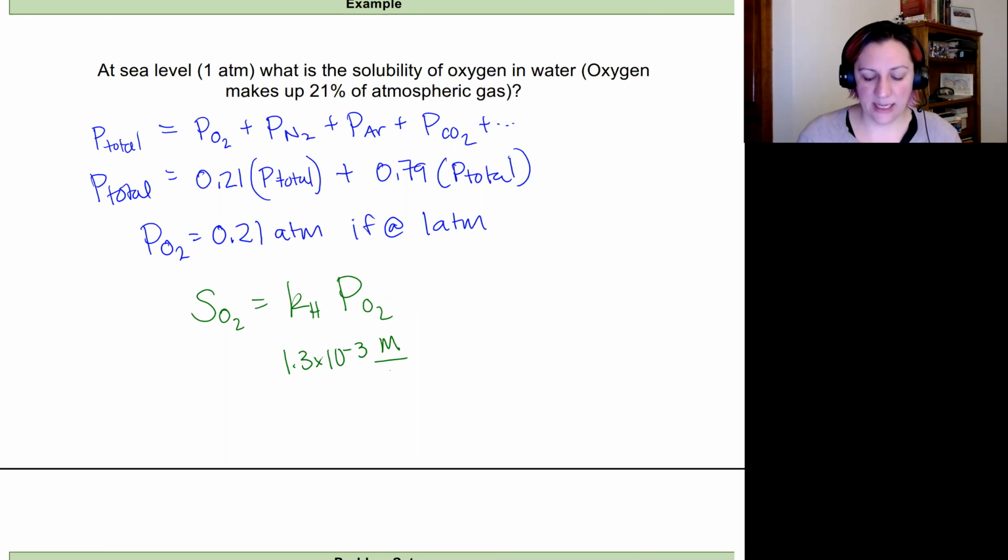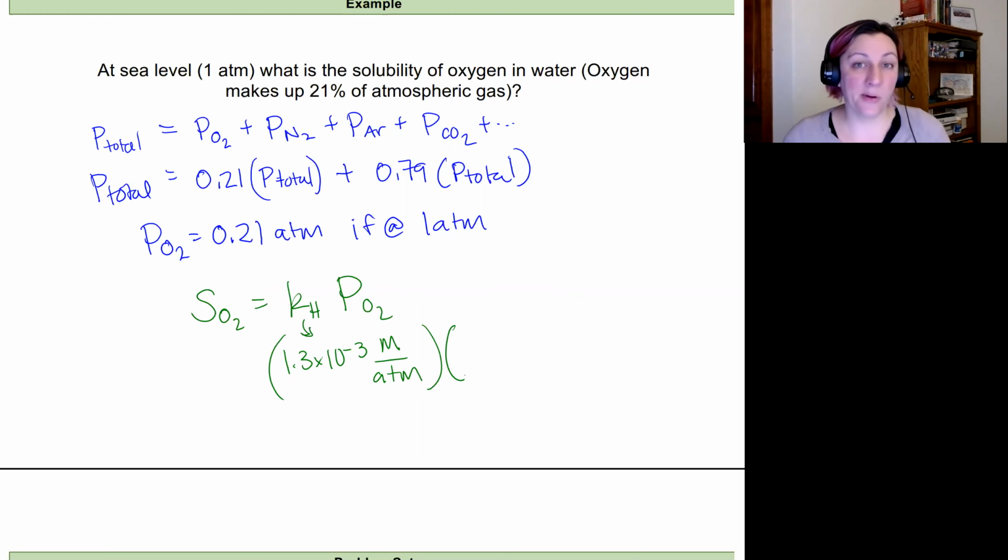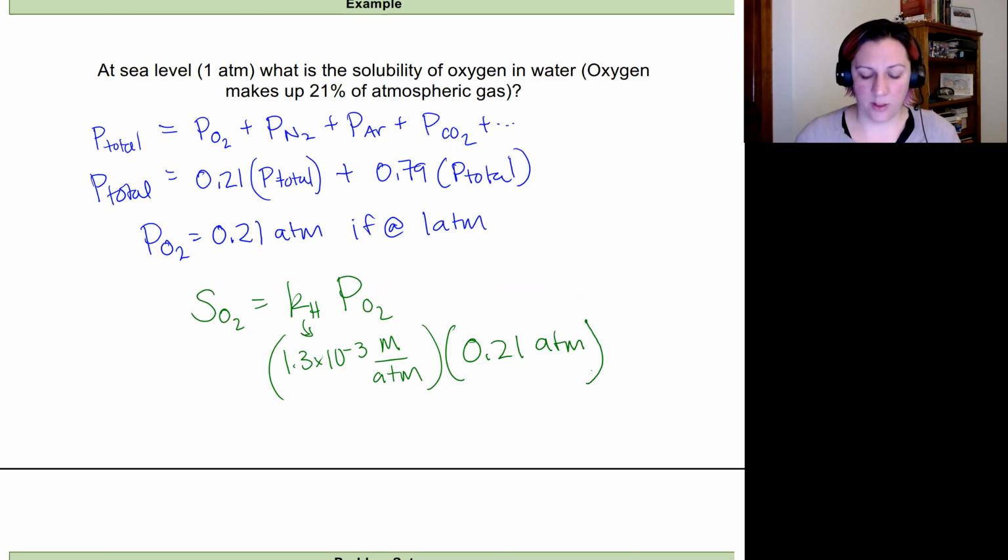And this is in molarity per atmosphere. That's my KH. I'm now going to multiply this by my partial pressure, which is 0.21 atmospheres, if we're at 1 atmosphere. That'll give me my solubility of oxygen. And so that's going to equal, I'm going to get 2.73 times 10 to the negative 4th molarity.